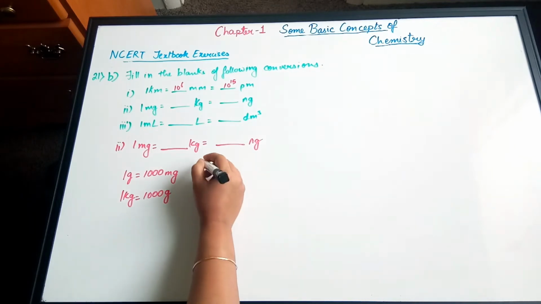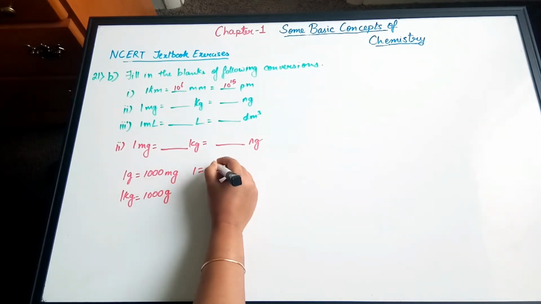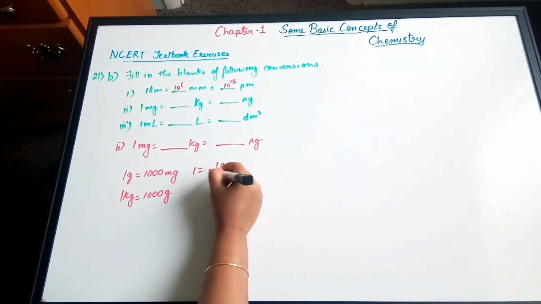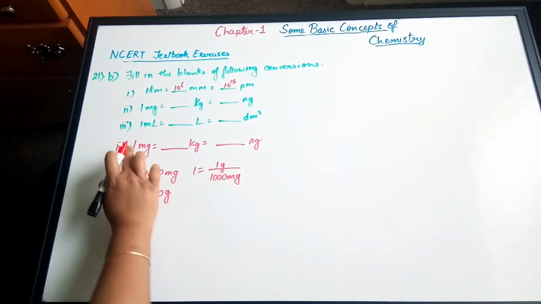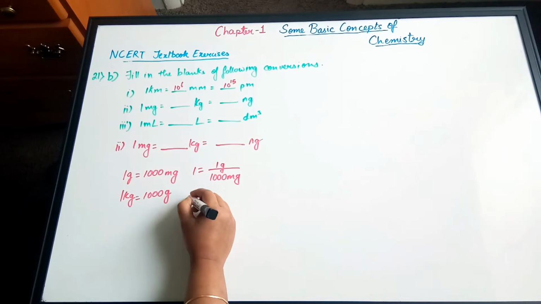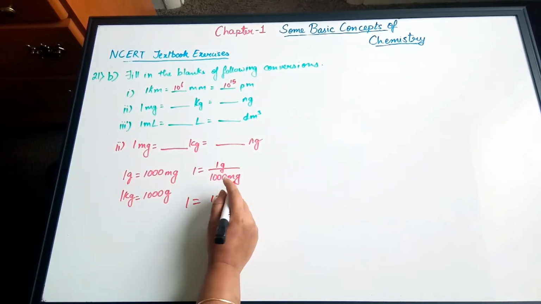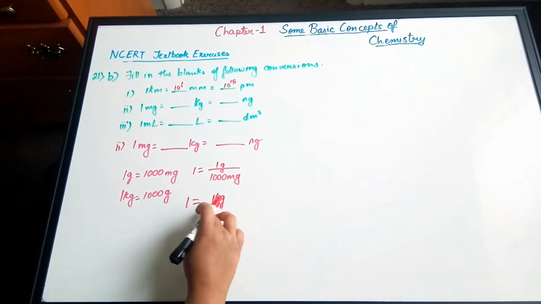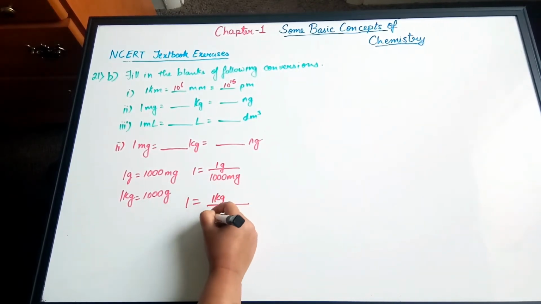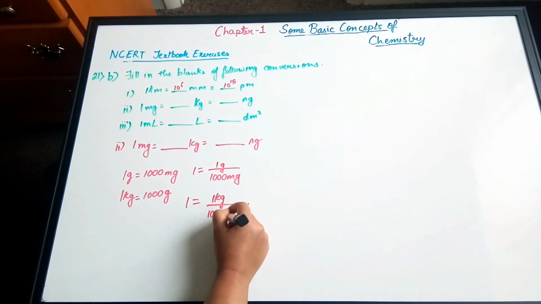So the unit conversion factors are 1 gram divided by 1000 milligram, because we want milligram to be cancelled, and since we want grams to be cancelled, 1 kilogram divided by 1000 grams, with kilogram in the numerator.